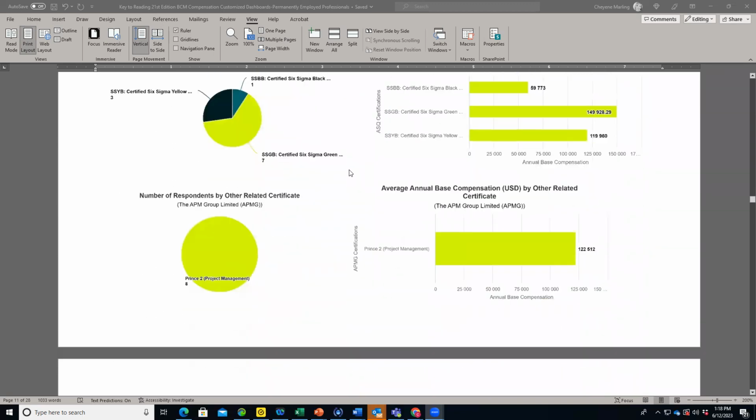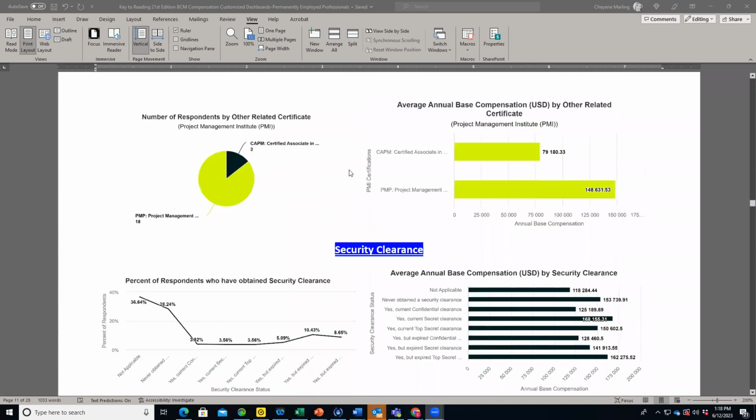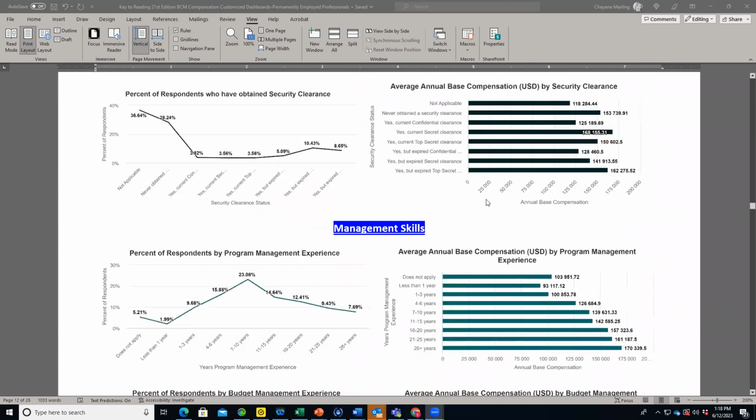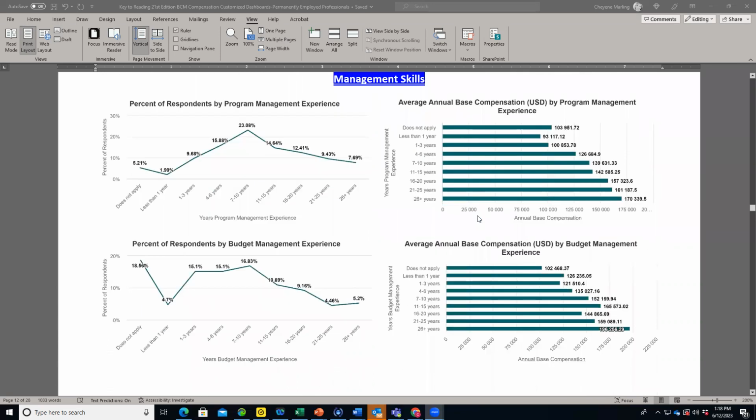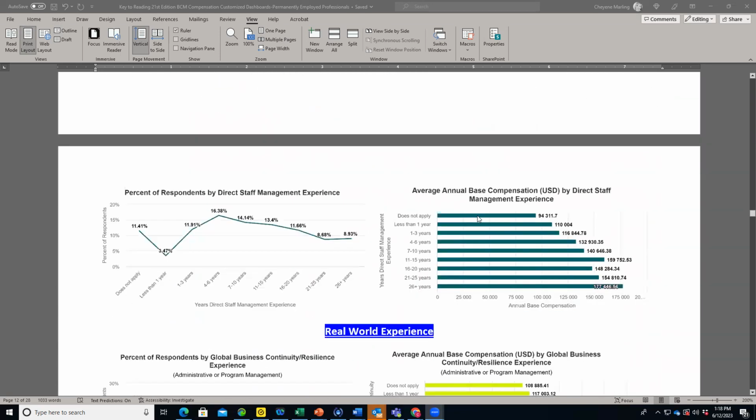As we continue to scroll down, we get into security clearance and management skills. These are management skills that can be transferable from other disciplines, like program management, budget management, staff management.